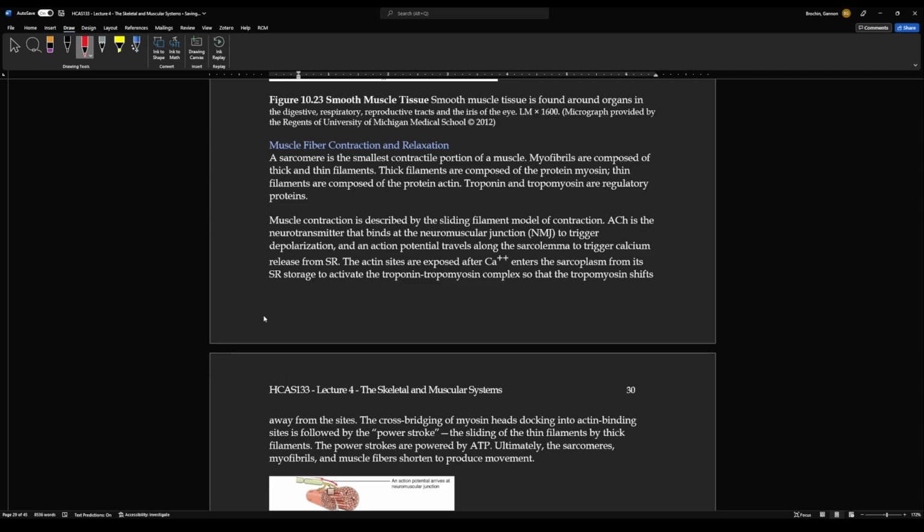So as our transmission travels down the axon, our action potential propagates down the axon, it reaches the synaptic terminal.